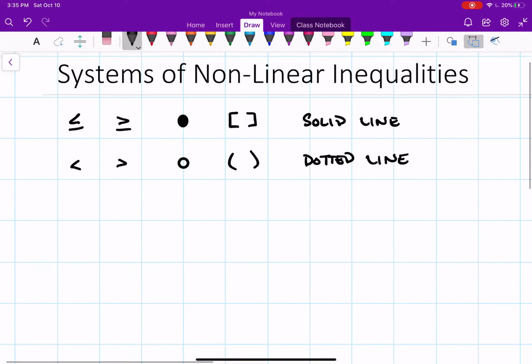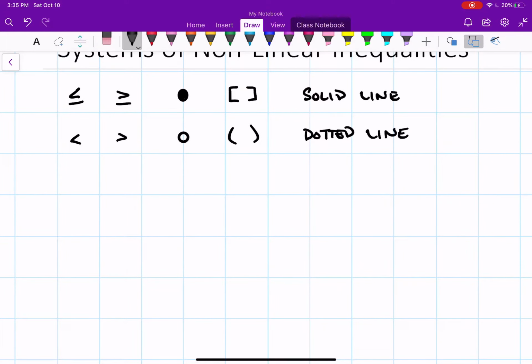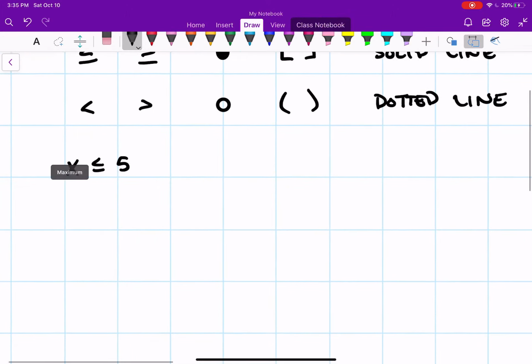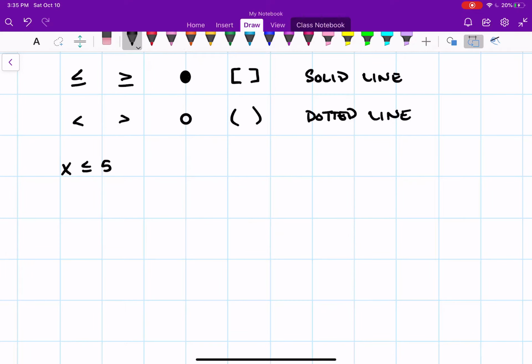So let's do a really quick example. Let's say that I had the graph x is less than or equal to 5. I'm going to allow that inequality to tell me two things.